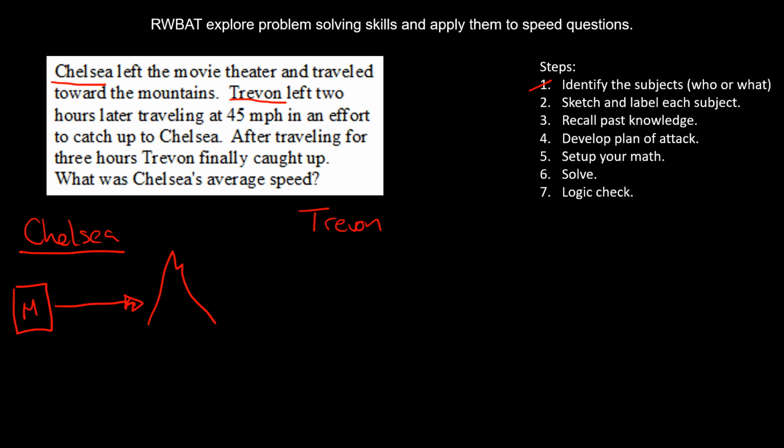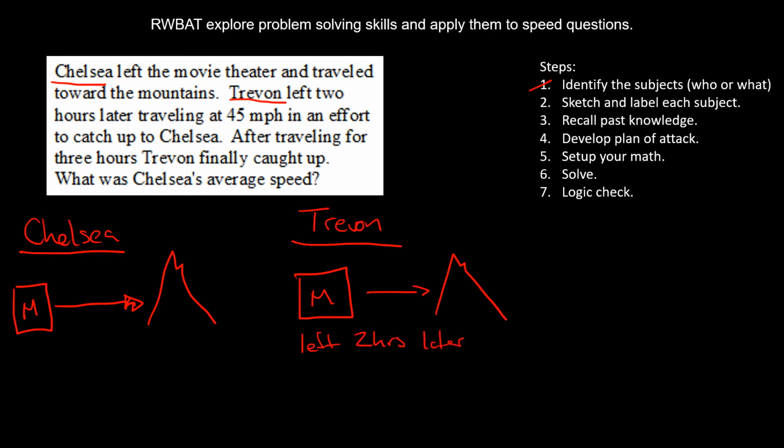So then let's talk about Trevon. Trevon is also at the movies. And he's going to take off and try to follow Chelsea to the mountains. But he left 2 hours later. So let's write that down. Left 2 hours later. But he's also traveling at 45 miles per hour.